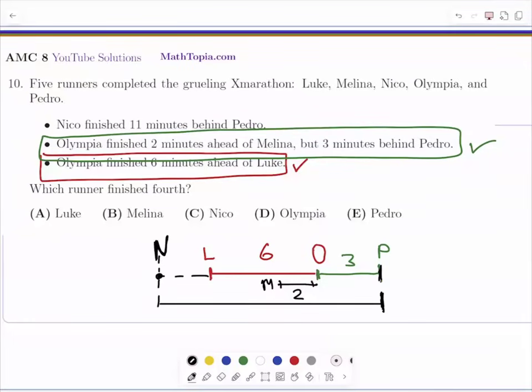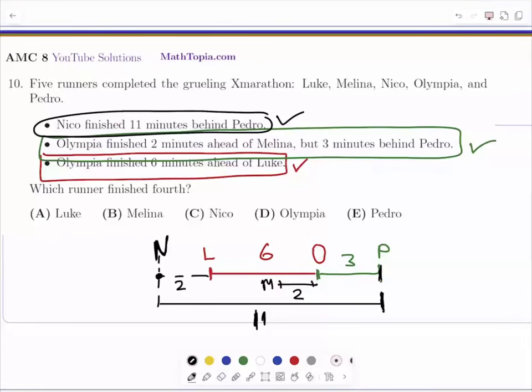Yes. 11 minutes behind means what? Technically it doesn't matter, but this is going to be 2 minutes, right? Yes. So my visualization is good for you, and we used all the information. Then our order seems okay, right? Yes.